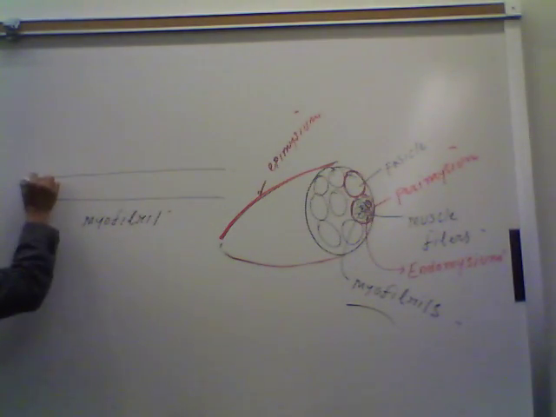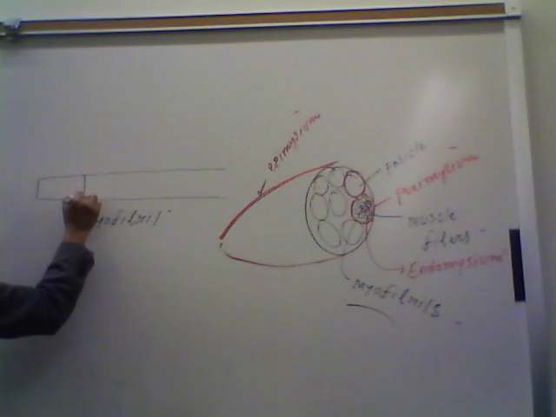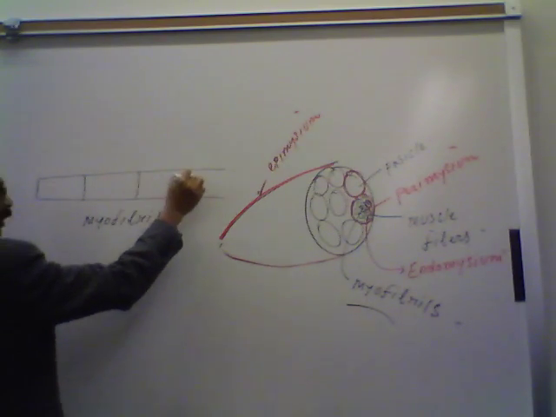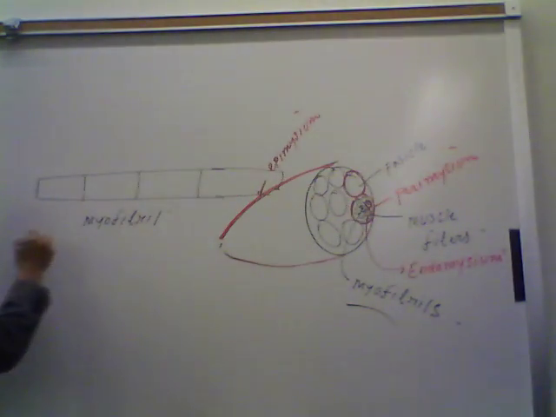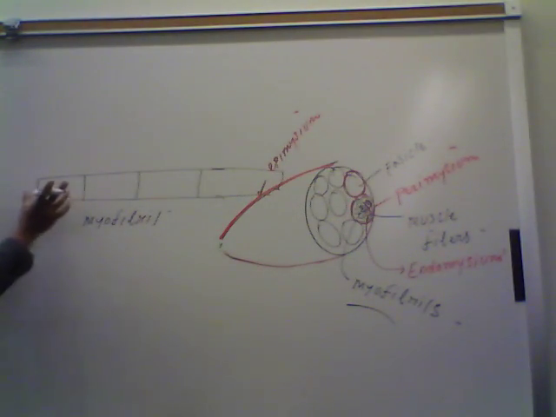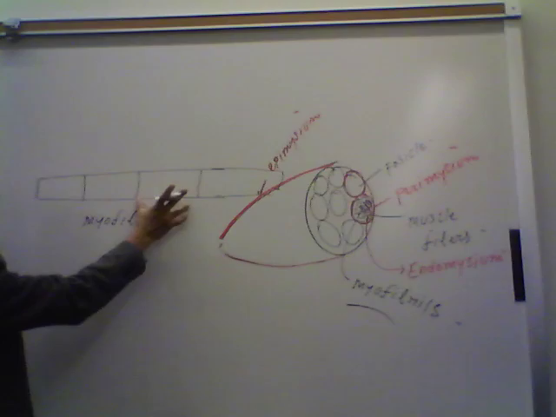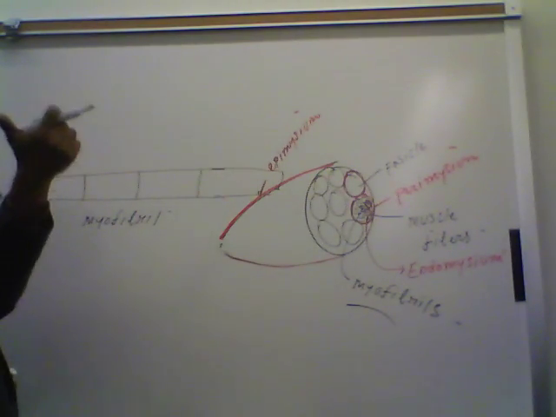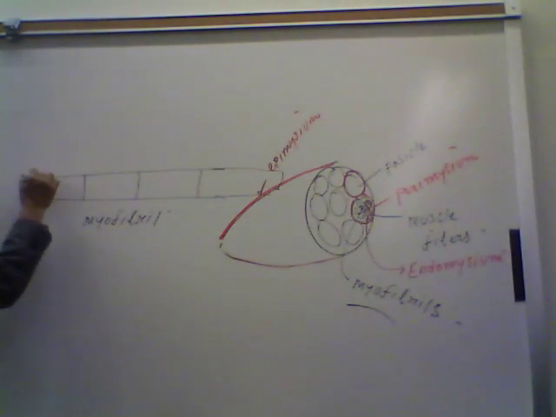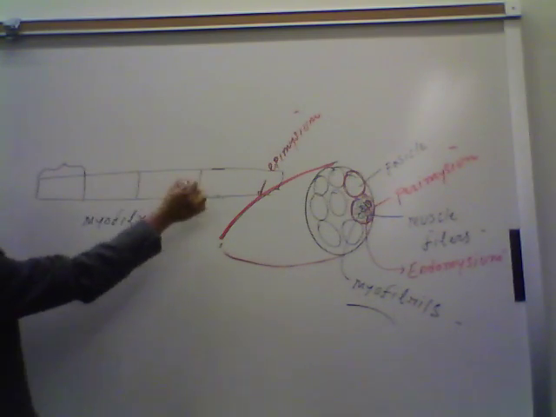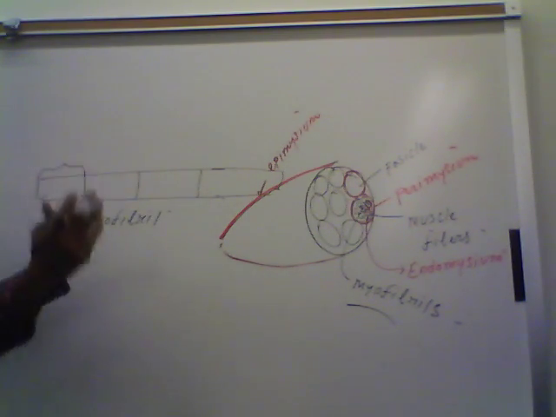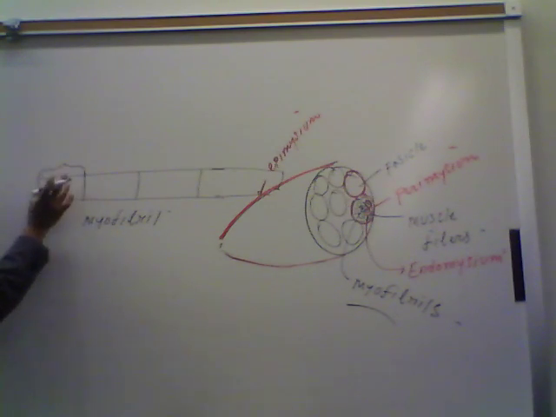Inside the myofibril you'll see segments like this. It's very interesting, repeated in the myofibrils. Each segment is the functional unit of muscle contraction. This is one segment, this is another segment, same thing, repeated, and each segment is called a sarcomere.